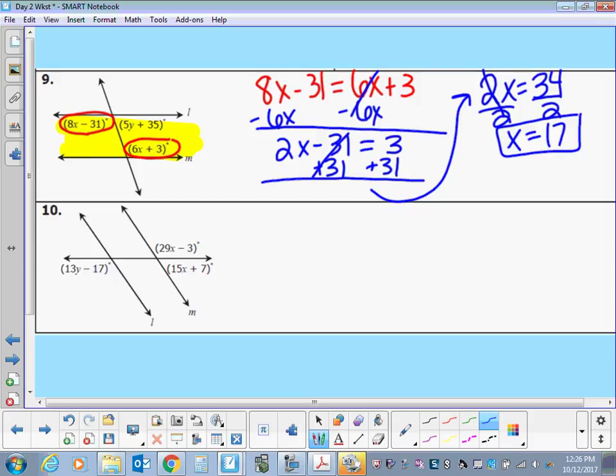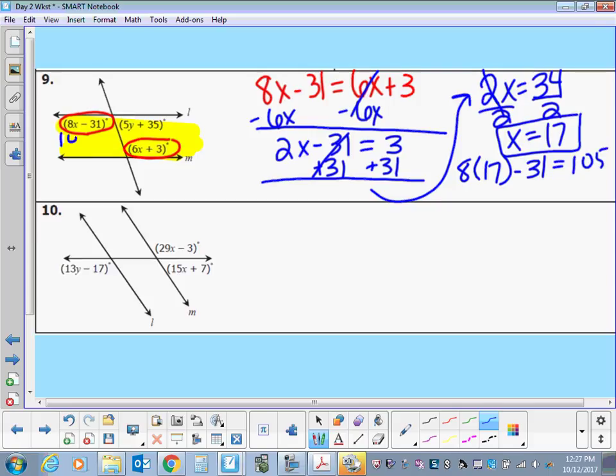Am I done? No, you have to plug it in. You can plug it in either way to either equation. Let's plug it into 8 times 17 minus 31 equals what? 105.